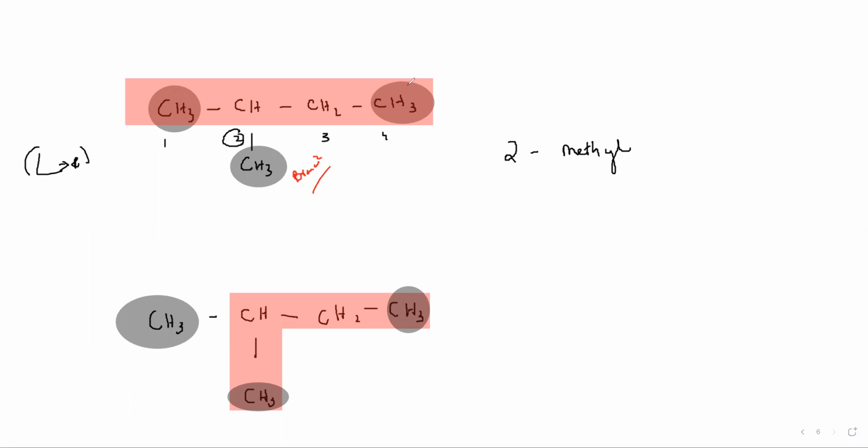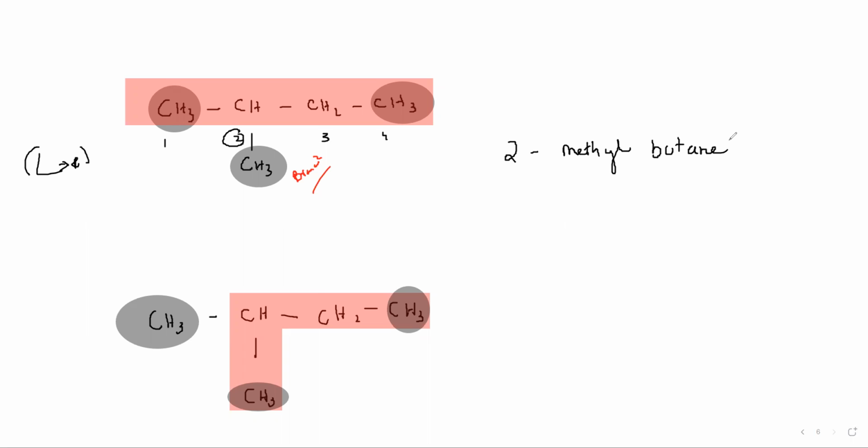How many carbon atoms in the chain? 4 carbon. And what is the prefix used for 4 carbon atoms? So we will use but. And because throughout the chain there is a single bond, it is ane.